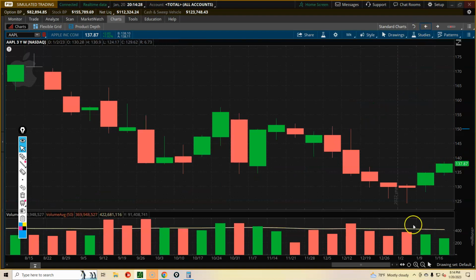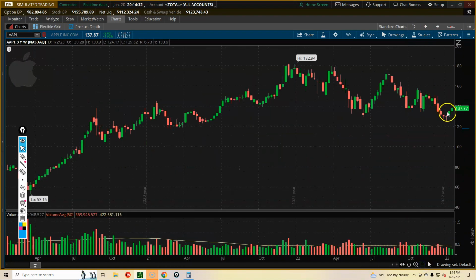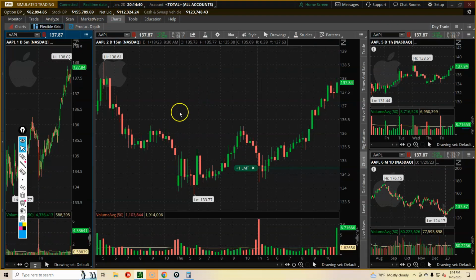On our weekly chart, zoomed back out, we see it keeps getting close to 140. It got up to 138, pulled back, almost got up to 139, 138.61, pulled back.